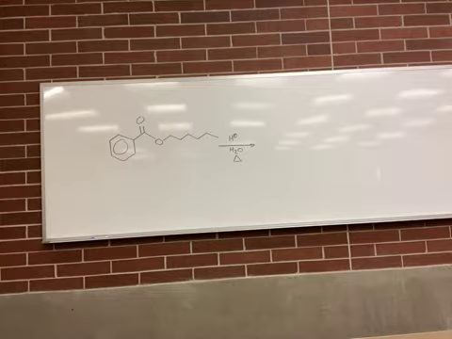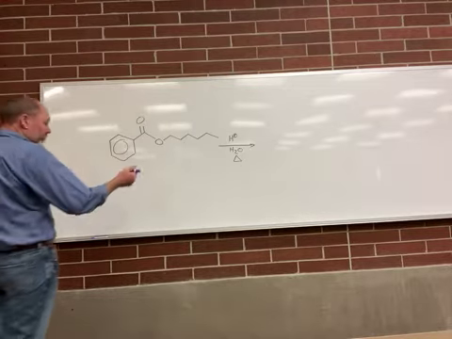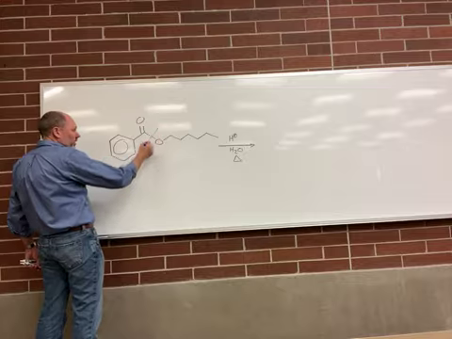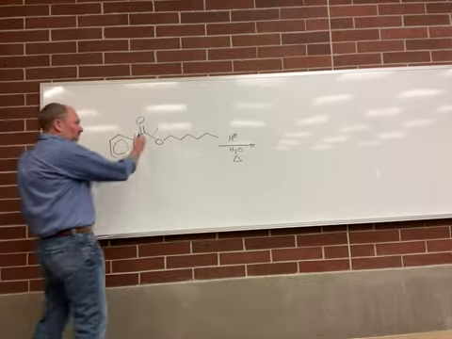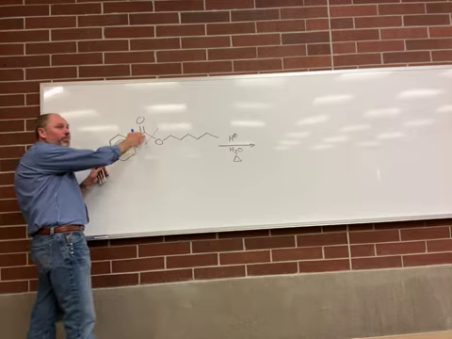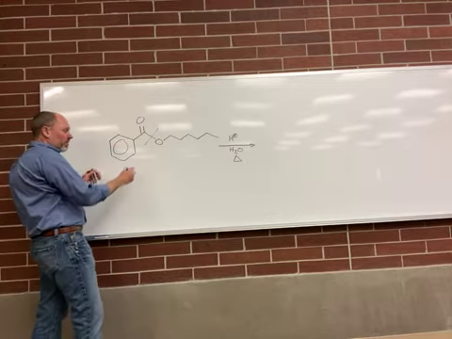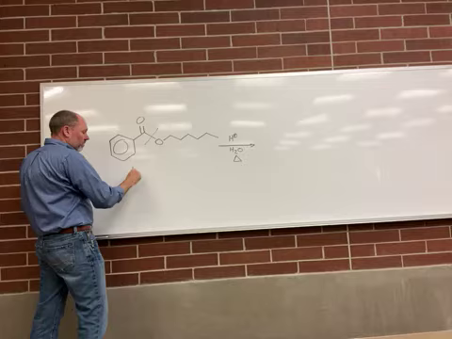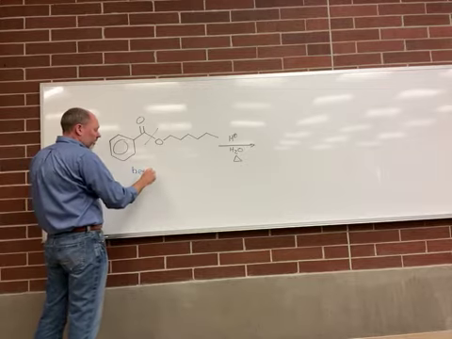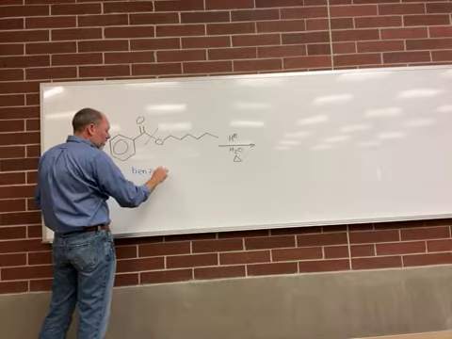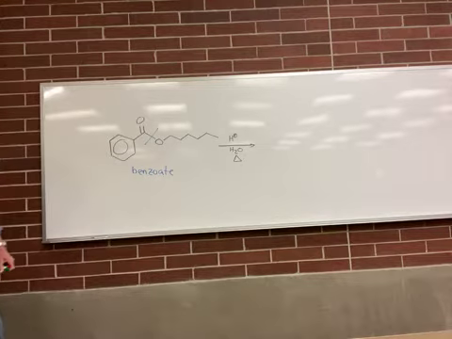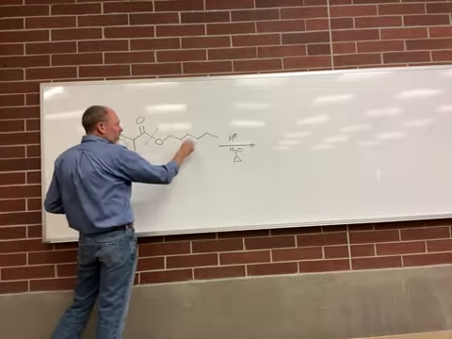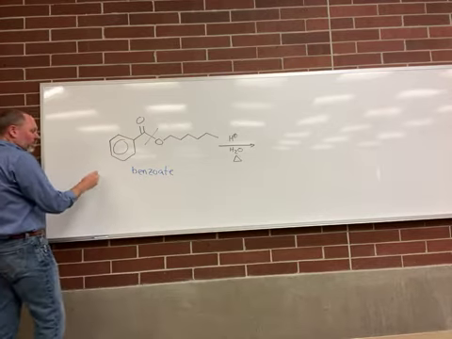Okay, so blue pen between the carbonyl and the oxygen, that's where it's going to cut. The carbonyl has the benzene ring, so this was benzoic acid, or excuse me, benzoate. What type of benzoate is it? Well, it's 1, 2, 3, 4, 5, 6, so it's hexyl benzoate.